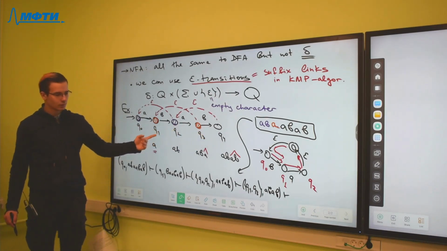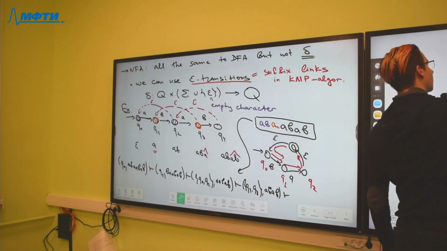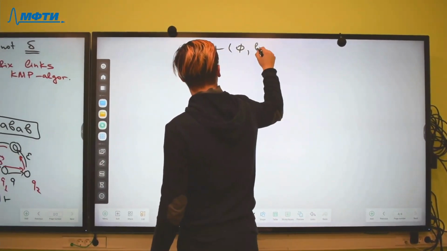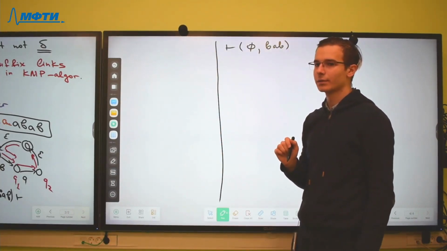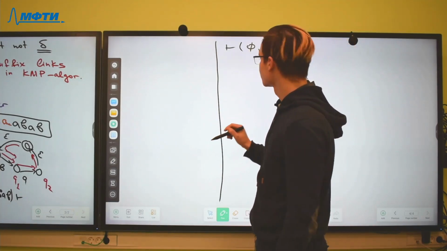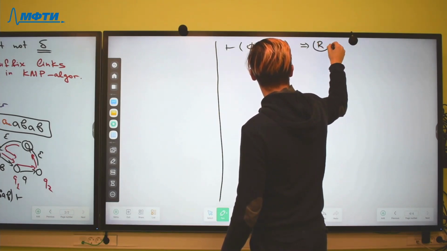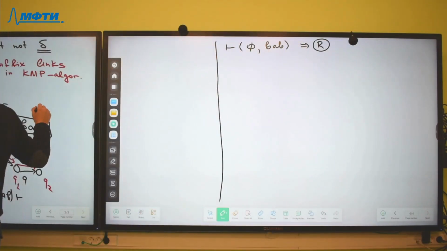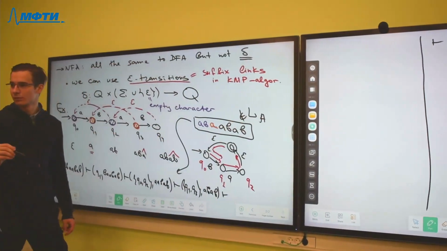Yes. So I can say that we have no state here from Q1 to Q3. We don't have Q3. So we say that it is error, and this word is not in the language of this automaton, for example.